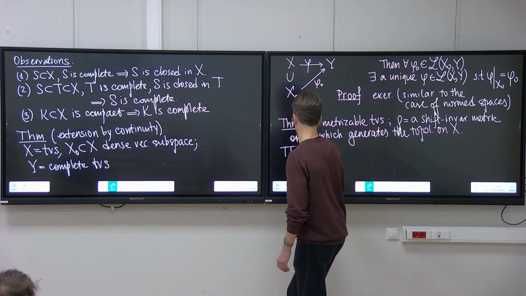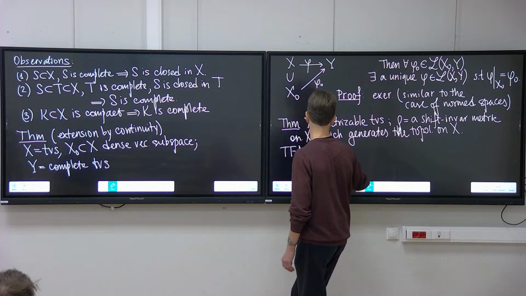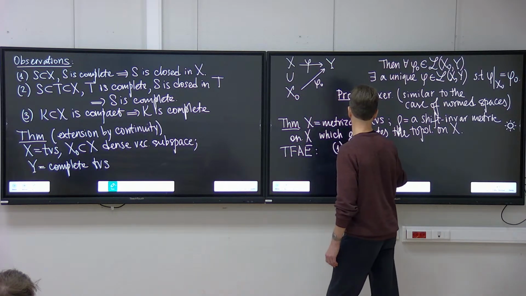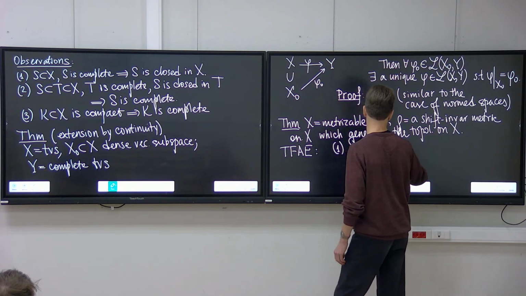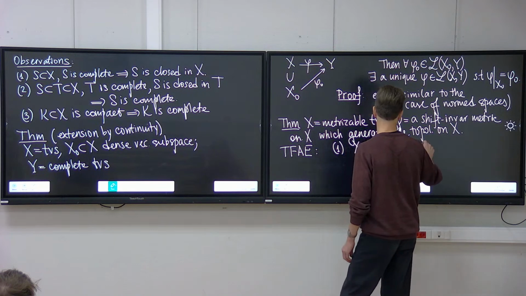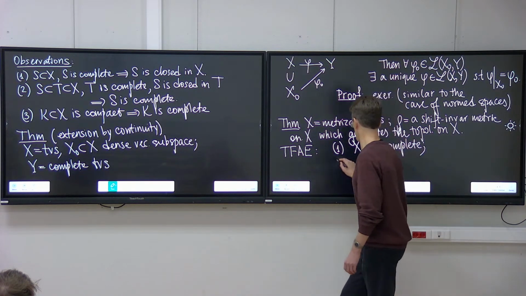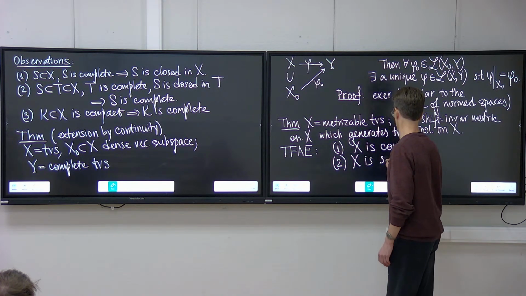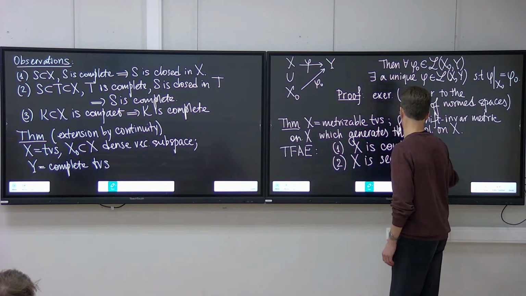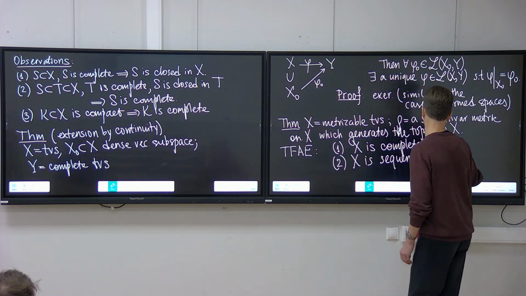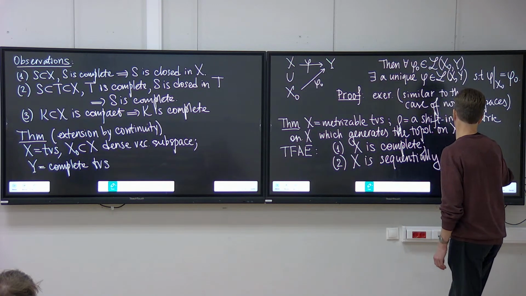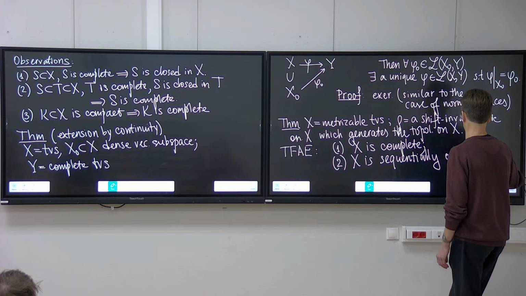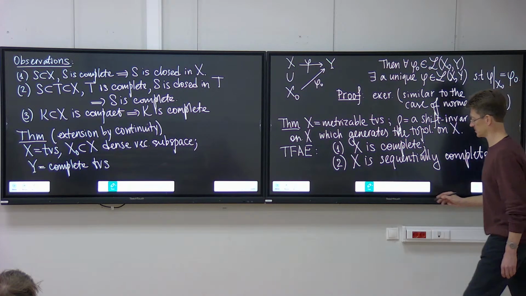Then the following conditions are equivalent. Condition 1, X is complete. Condition 2, X is sequentially complete, which means, by definition, that every Cauchy sequence converges.